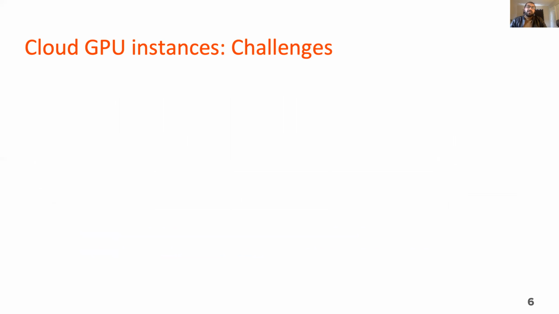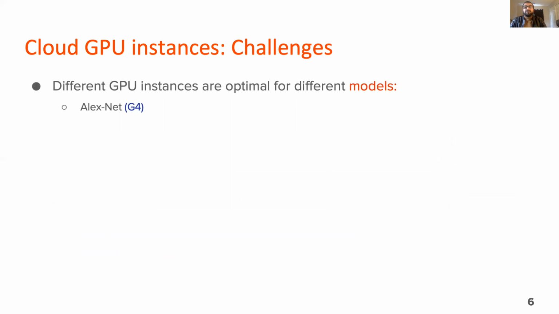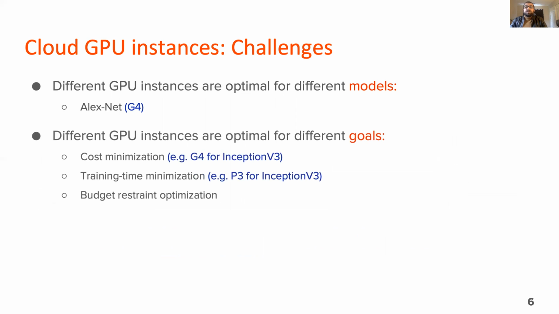To summarize the challenges, first, different GPU instances are optimal for different models. For example, for AlexNet, G4 is optimal. Second, even for the same model, different instances are optimal depending on the goal. For example, if we want to minimize the cost, G4 is optimal for Inception V3, and if we want to minimize training time, P3 is optimal for Inception V3.